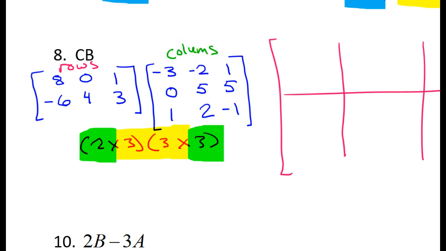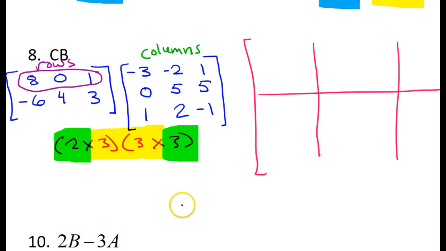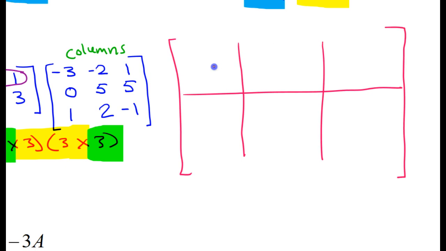Did I leave out that N again? You know what? While I'm at it, let me change this color. I always leave out that N because it feels silent. Okay, so the rows will come from the first matrix. So notice that the first row is 8, 0, 1. So I'm going to put the first row across the first row. So I'm going to put 8, 0, 1 in every one of these spaces.